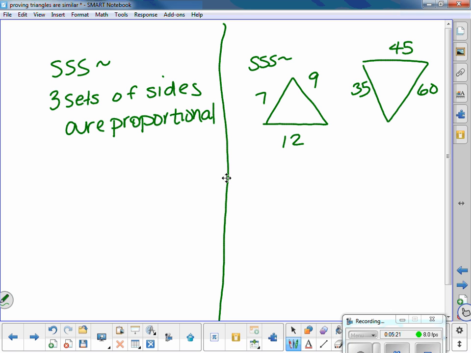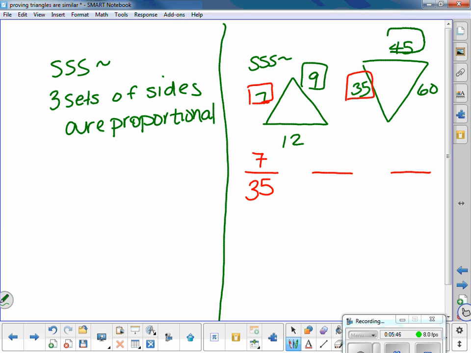Okay. Remember, I only have sides here, so I need to see if they're proportional. So I need to put the smallest side of one triangle with the smallest side of the other triangle. So 7 is going to go with 35. And we did this in class on Friday. 9 is going to go with 45.